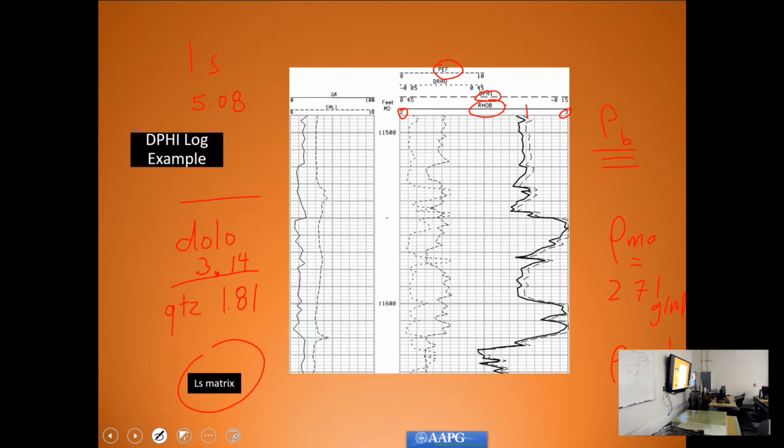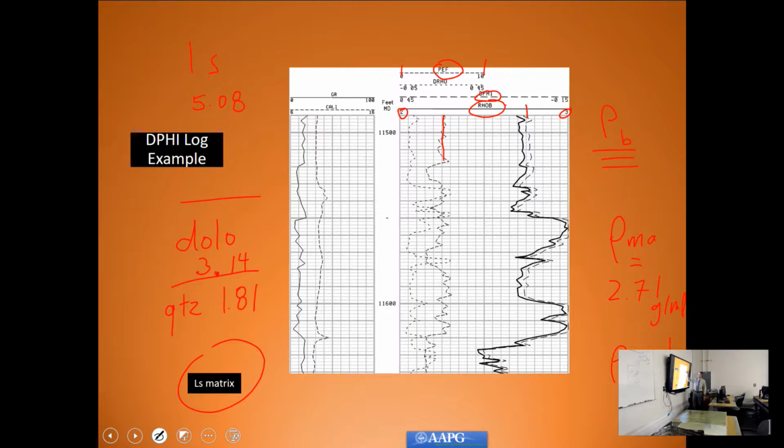Now these are kind of magic numbers. Magic in the sense that they can actually pull you out of a problem of interpretation. So the example we looked at here is, what is this looking like? So here's 0 to 10 on our scale, and we're trying to figure out what type of rock this is. The gamma ray is just telling us it's kind of clean.